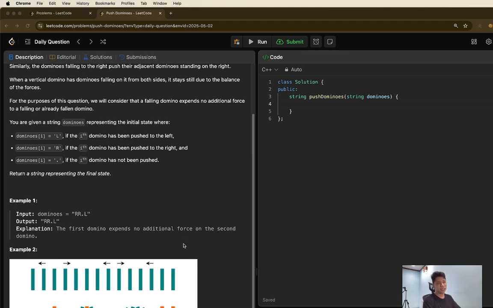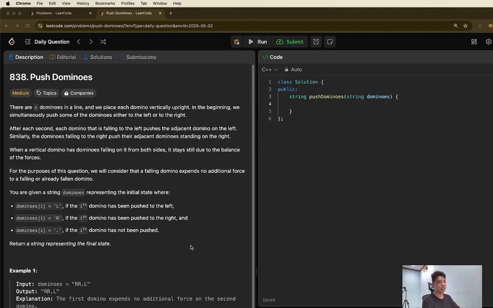Remember that this happens simultaneously: as each second passes by, the next element will fall, like this R and this L. So as time increases, the domino falls in the direction of the nearby one. Okay, this is the second case. This is the first case, the second case, and this is the third case.